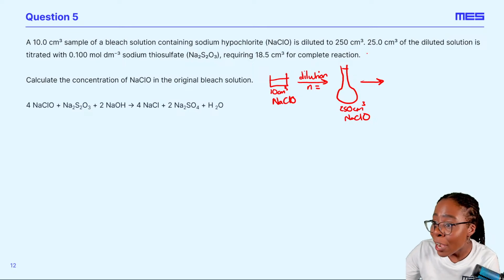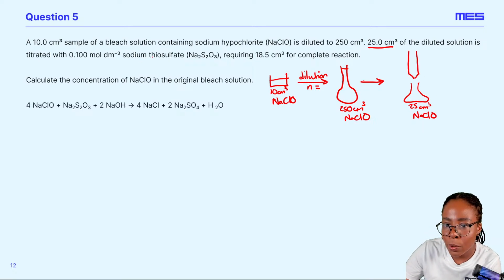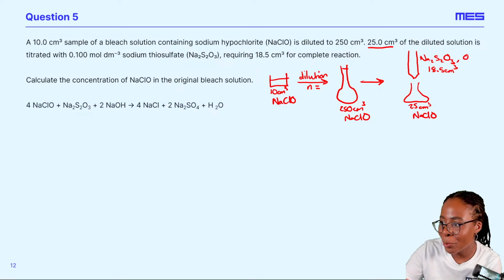Okay, now from this sample, we are taking out 25 centimeters cubed, and that's what we're going to carry out our titration against. And in our burette, we're going to have our sodium thiosulfate. It says we needed 18.5 centimeters cubed of that, and we've got the concentration, 0.1 mole per dm cubed.